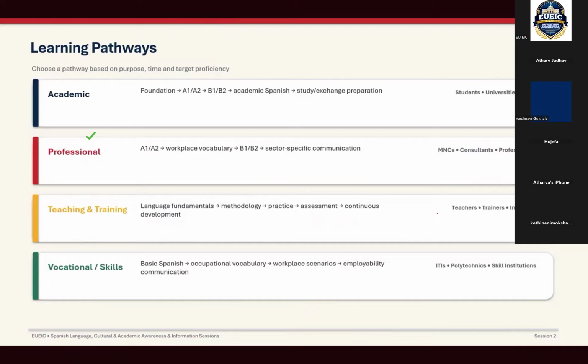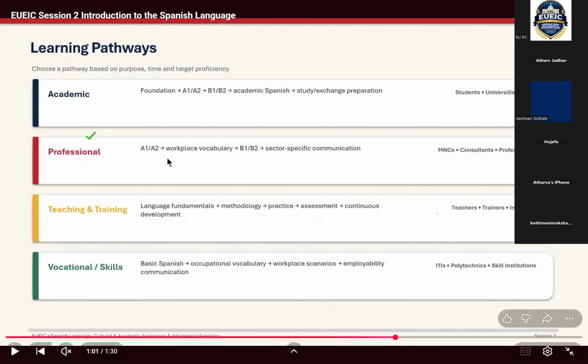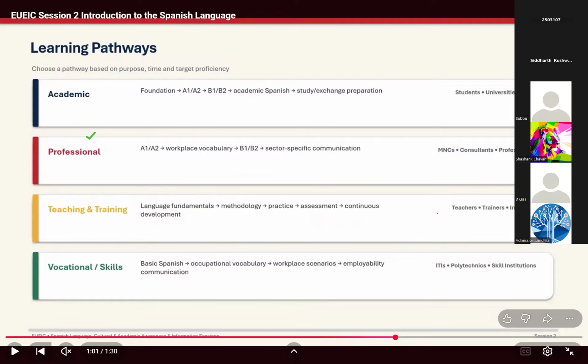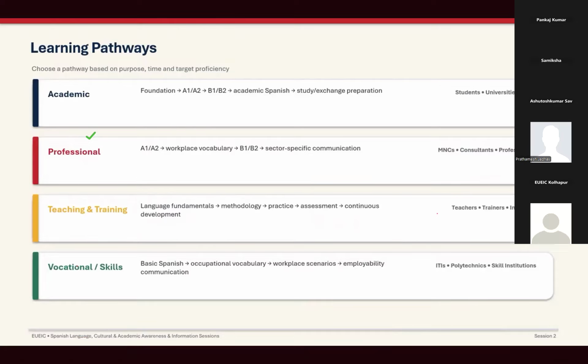Because they have clients from Mexico or Spain or other regions, and they want workplace vocabulary. So this is also what we offer because we want to be very specific with the sector, or the domain. This is also one of the most important pathways for learning Spanish these days because Spanish speaking markets are emerging in India and outside of India as well.